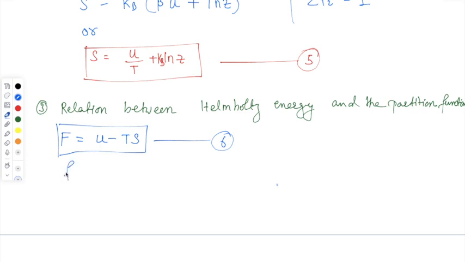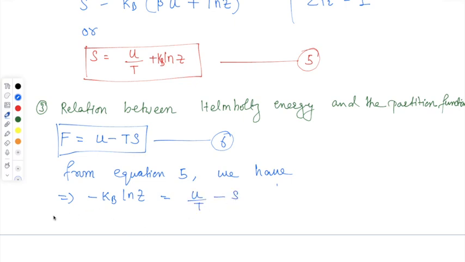Now from equation 5, we have minus kB T ln Z equals U minus TS, which is F. So F equals minus kB T ln Z, or minus ln Z by beta.